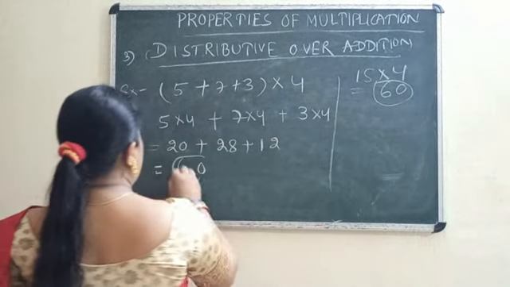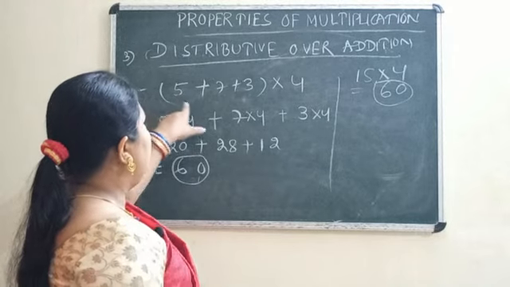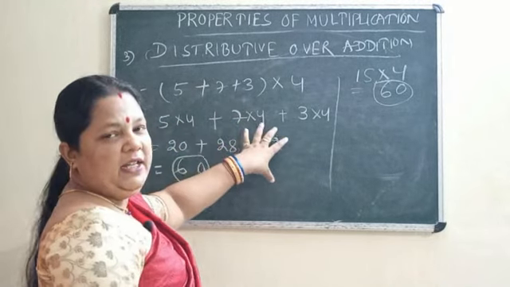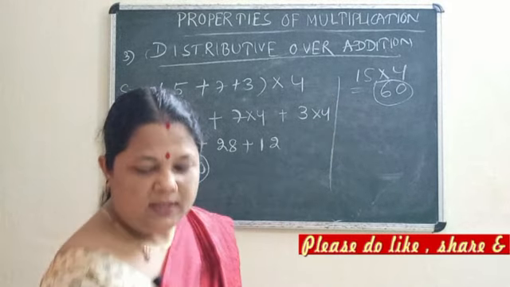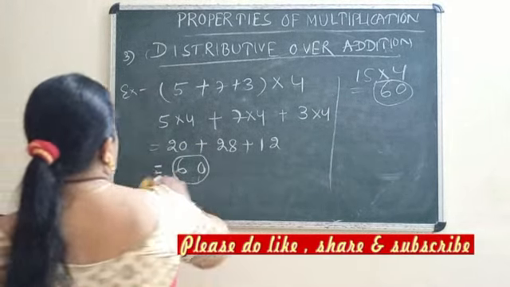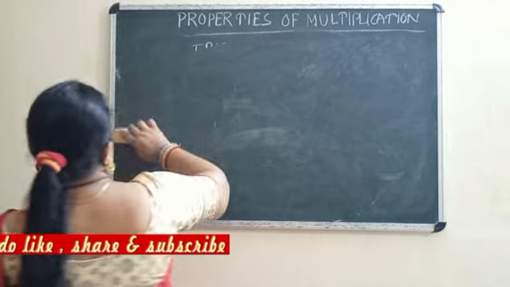See, both the answers are the same. Clear? So this is your distributive over addition. Based on addition, how can you distribute? If you follow this also, you will get the answer unchanged. Clear? So these are your 3 properties.